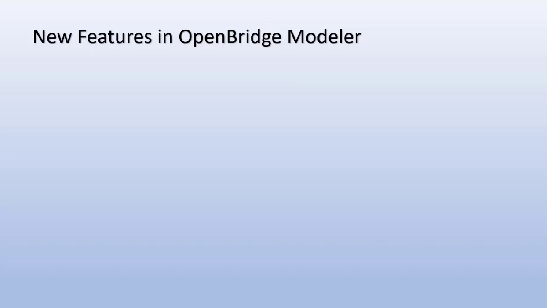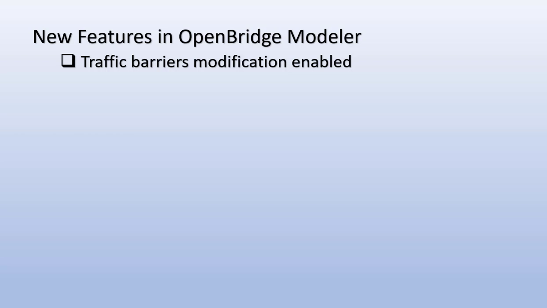This video will show some of the new features in OpenBridge Modeler. First one is traffic barriers modification, which is after the traffic barrier modeling, we can modify traffic barrier paths.